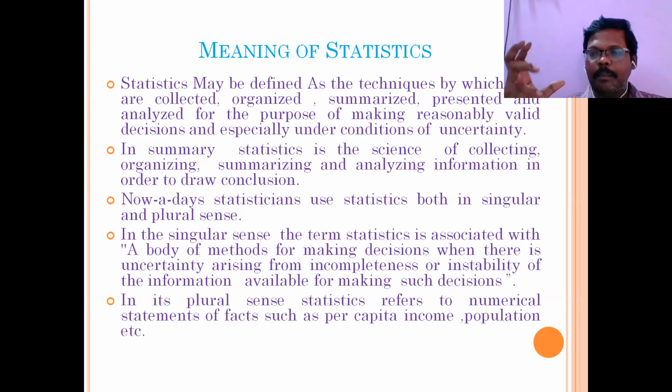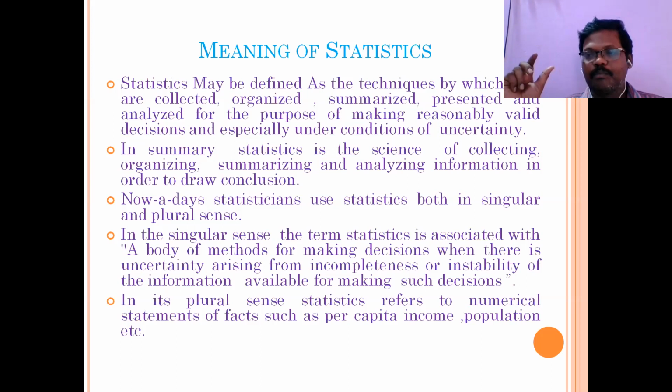After knowing this data, for example, we collected 30 students' data, arranged it in a systematic manner, summarized, presented and analyzed it. If the average marks of all 30 students are, let's say, only 40%, then based on that we can conclude that the whole class is not well developed in the subject, so they are backward students.